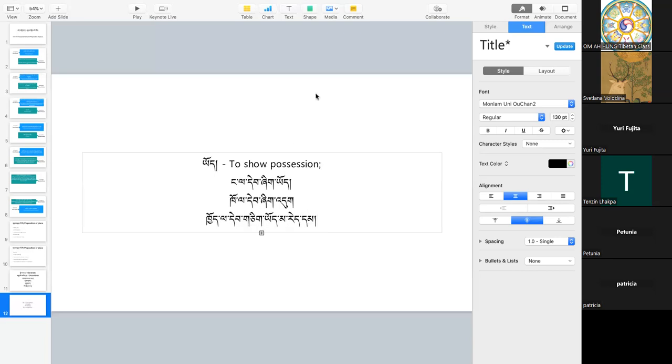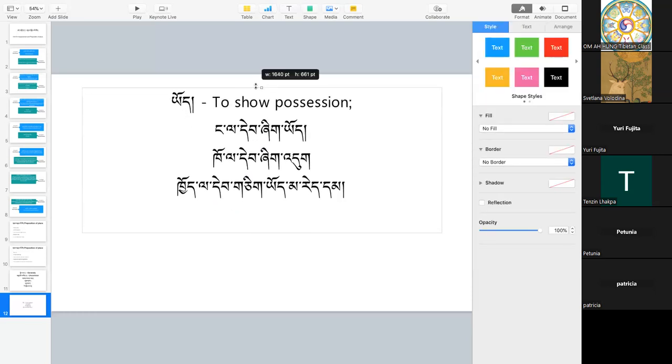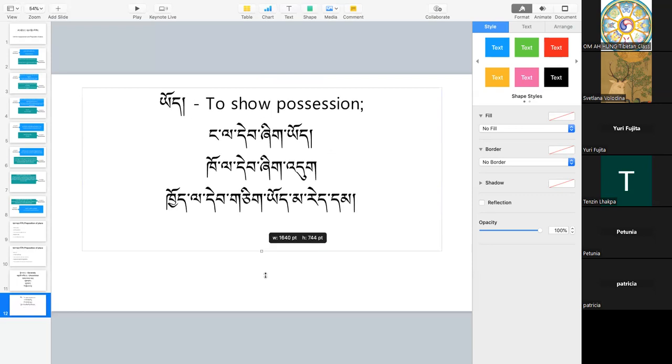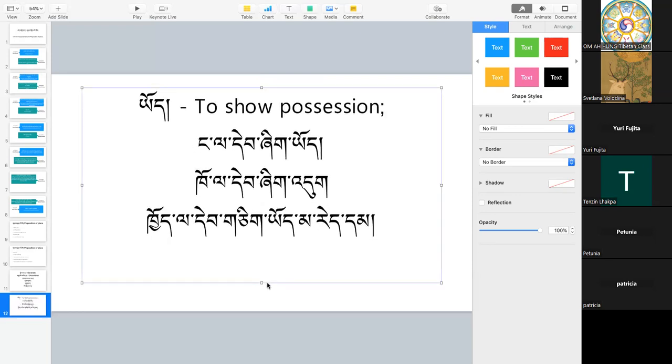So this is for the second person. So yö, when we talk about possession, is always used with the first person and the second person, the listener and the speaker.